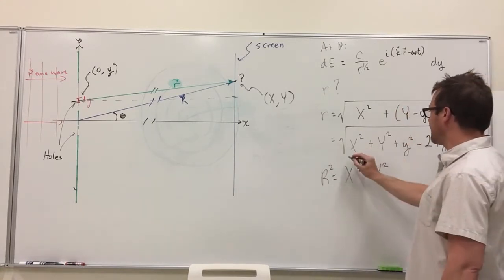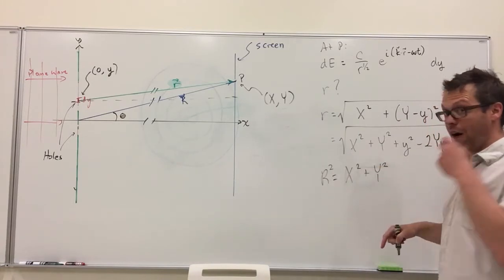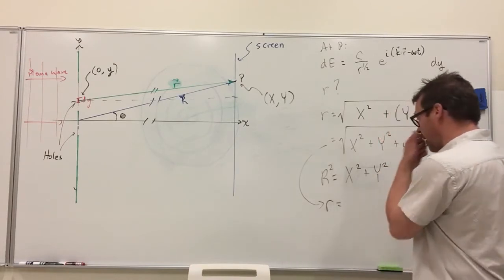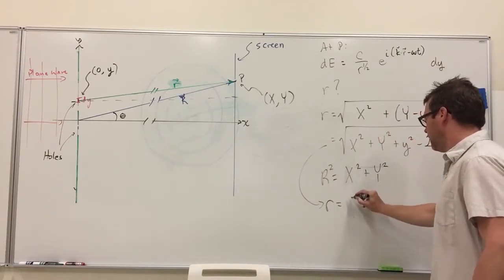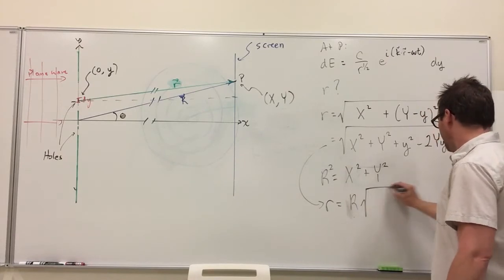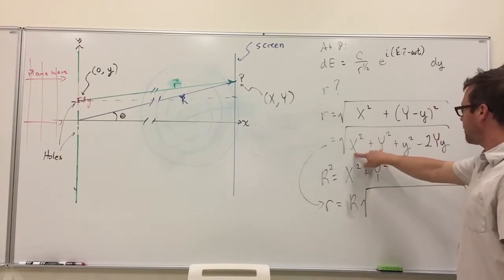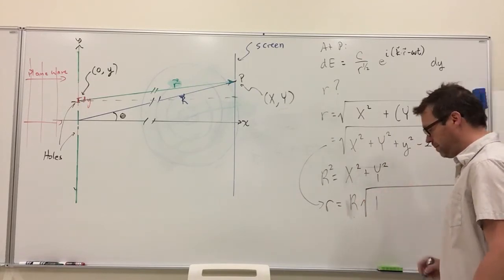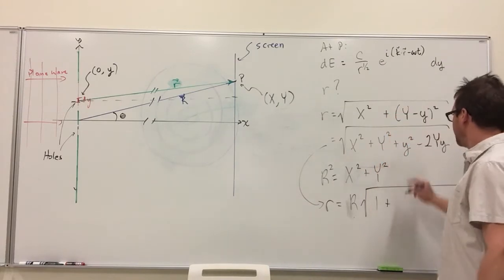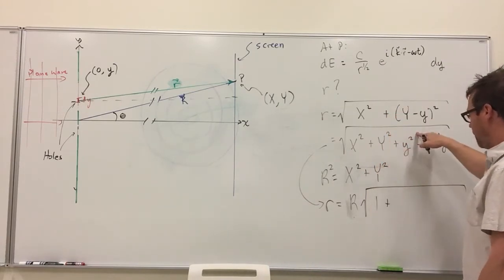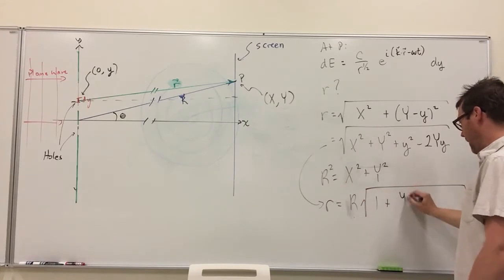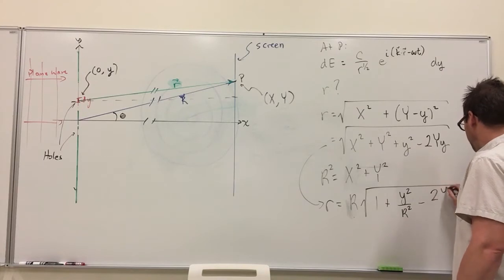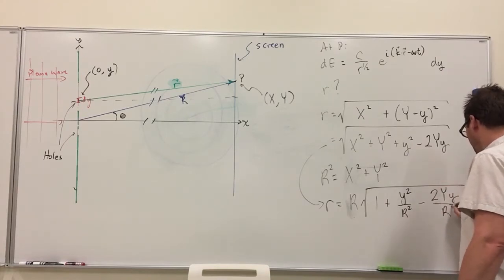So I'm going to factor out a big R. Then x squared plus y squared divided by big R squared gives me 1, plus the little y squared divided by big R squared, and finally minus 2 big Y little y over R squared.